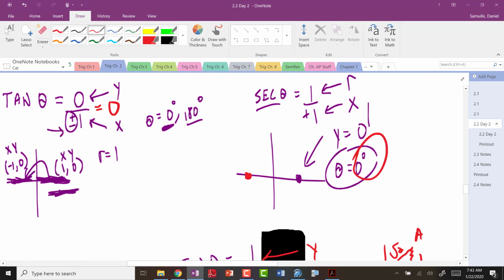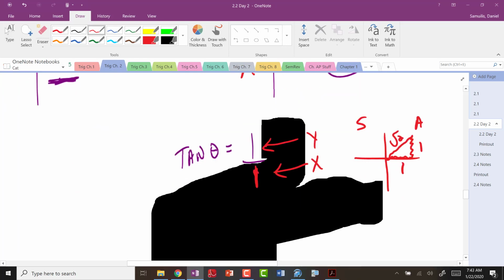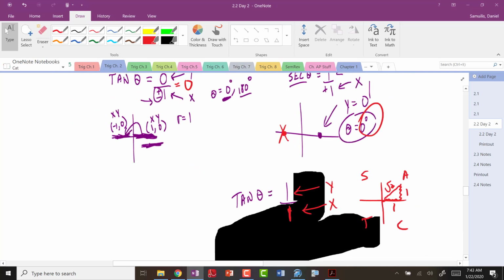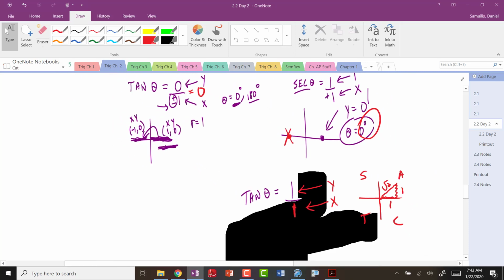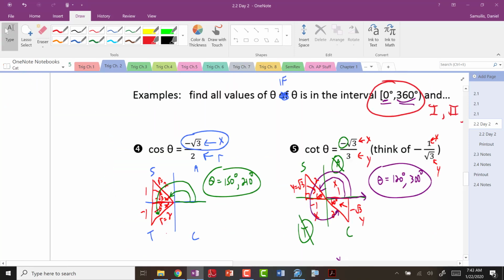Here's where secant will be negative 1. That's not what I have. I only have positive 1. Here, this is an ASTC again. And now I just wanted to cover this because these are minorly different. When tangent's equal to 0, we got this special case. When tangent's equal to 1, it's back to these kind of questions.